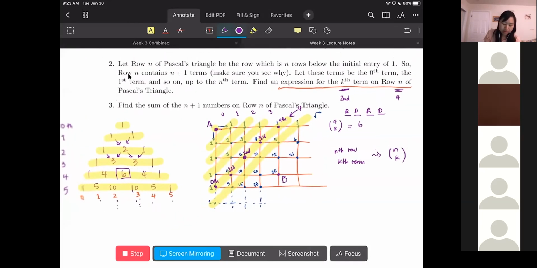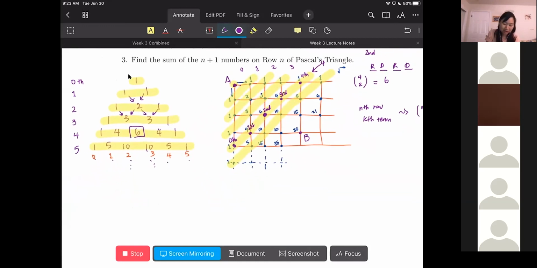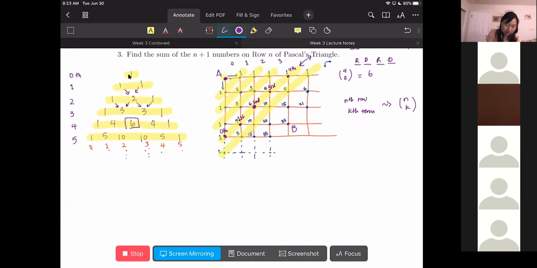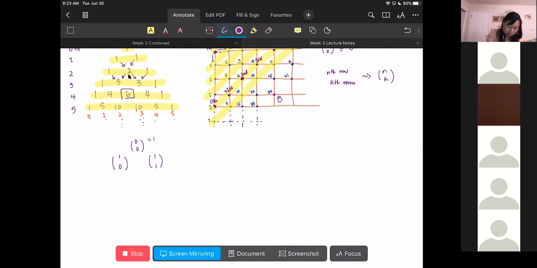So now if we bring this back to Pascal's triangle, another way we could write Pascal's triangle is to call the 0th term just 0 choose 0, and this is just 1. Then the next line could be 1 choose 0, 1 choose 1. The next line could be 2 choose 0, 2 choose 1, 2 choose 2.